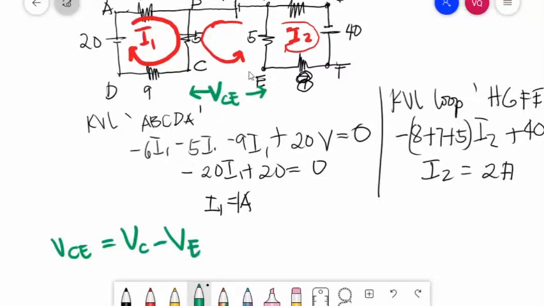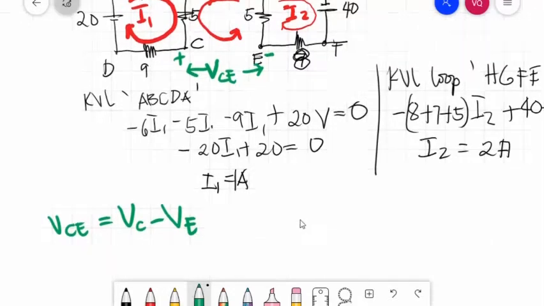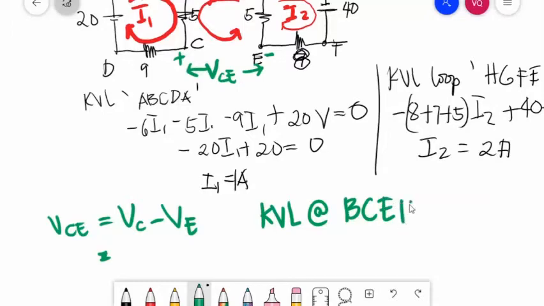VC is positive and this is negative, so we will take a look at this. VCEHB. So, it is equal to KVL at VCEHB.